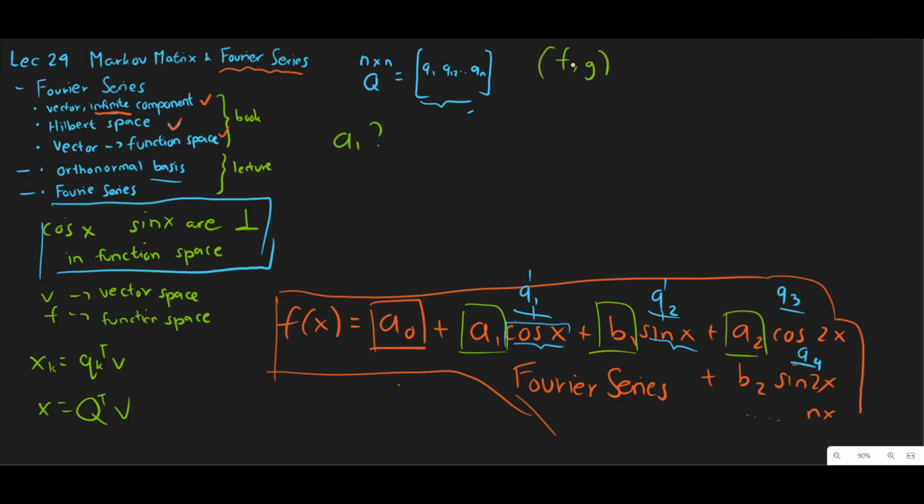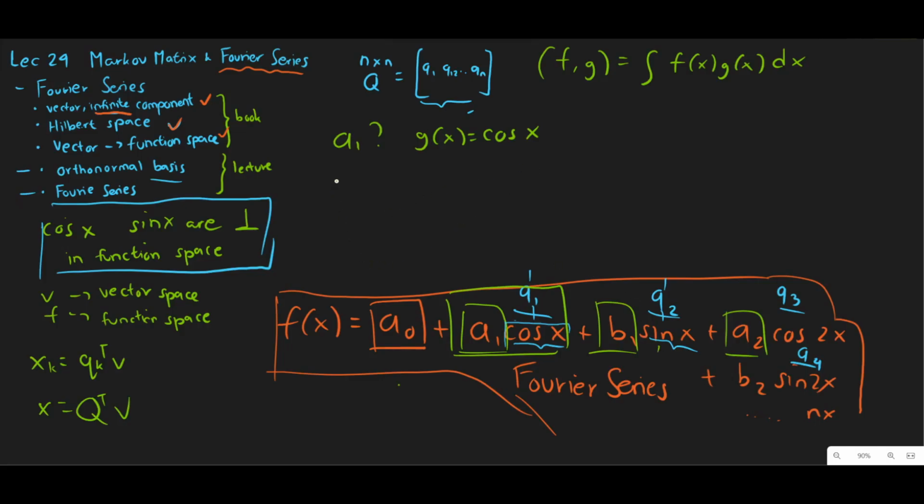Now we learned from the previous part that the inner product of two functions is the integration of them. We integrate f(x) and g(x), and let's do the exact same thing. So now let's introduce our g(x) as cos x, because we're interested in a1, so we want to keep this part alive and make all the others go to 0.